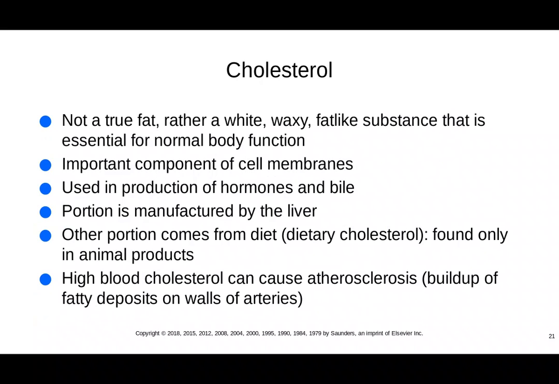A portion of it is also manufactured by the liver, and the other portion comes from diet, so our dietary cholesterol. That is only found in animal products. And we do know that high blood cholesterol can cause atherosclerosis, which is a buildup of fatty deposits on the walls of arteries all over the body.